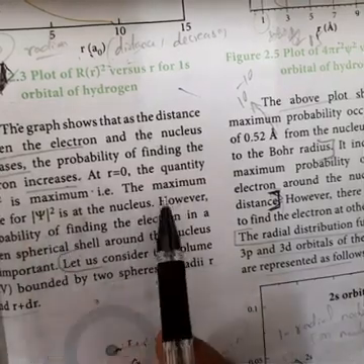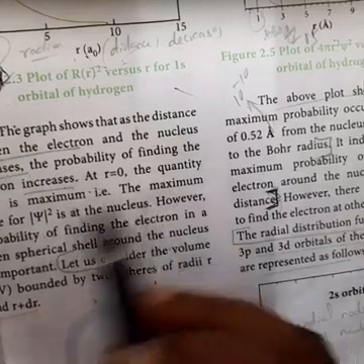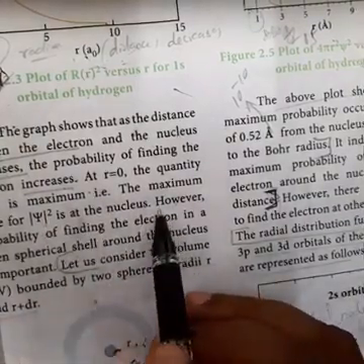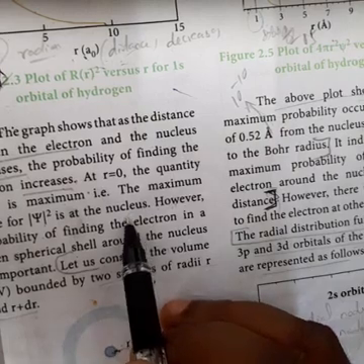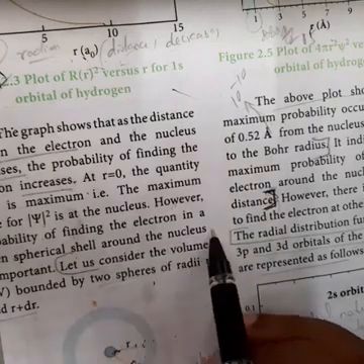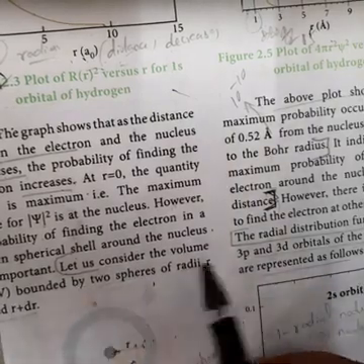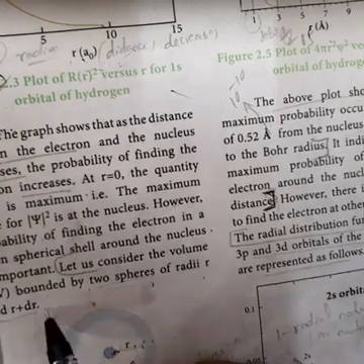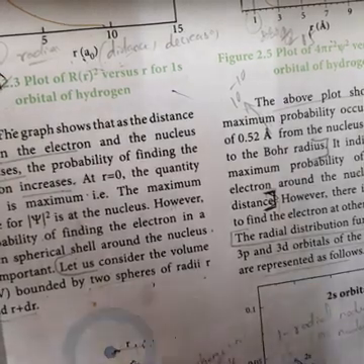The maximum value for psi square is at the nucleus. However, the probability of finding the electron in a given spherical shell around the nucleus is important. Let us consider the volume dV bounded by two spheres of radii r and r plus dr. Consider this as the volume of a sphere.